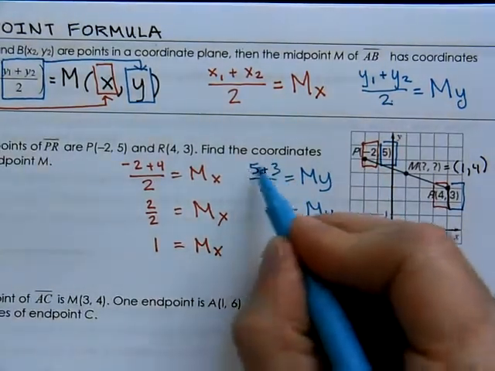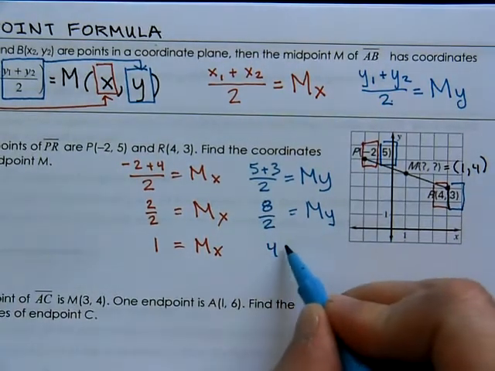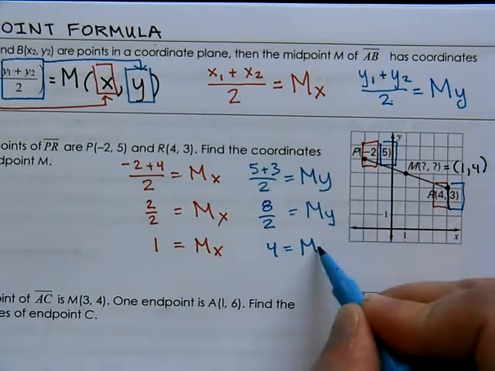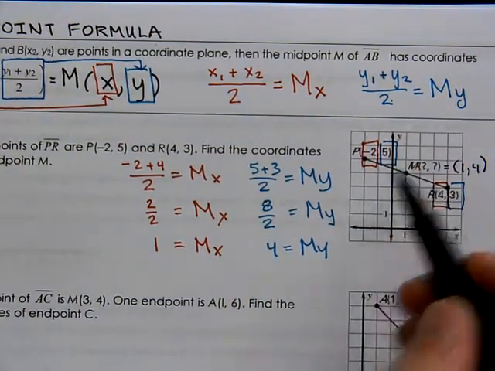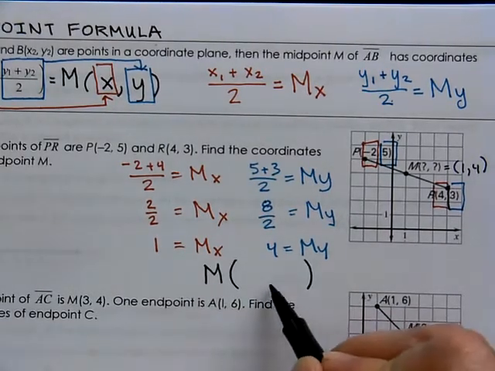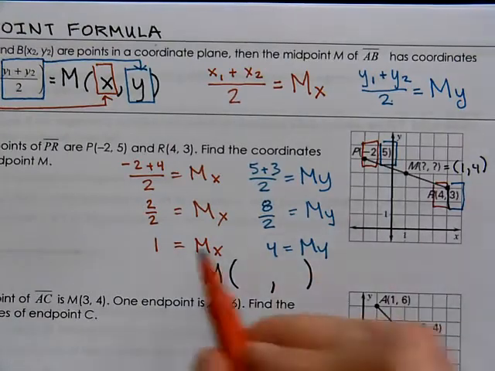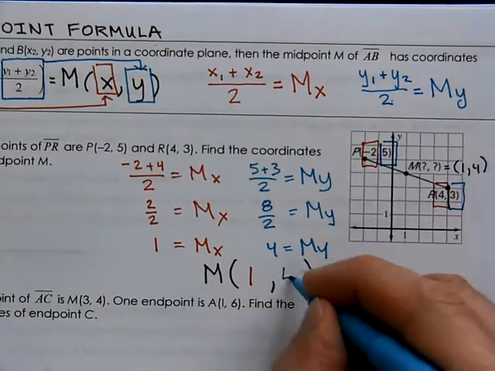We'll simplify the fractions. So 5 and 3 give us 8. 8 divided by 2 gives us 4. So that's the midpoint's y-coordinate. Those numbers do match what we expected it to be. So the final answer then, the midpoint is located at this coordinate point. The x-coordinate was 1, and the y-coordinate is 4.